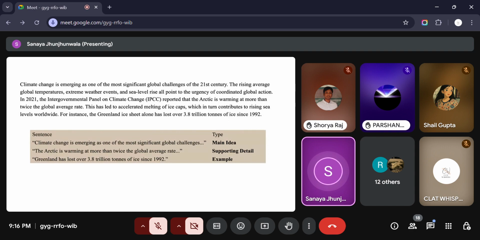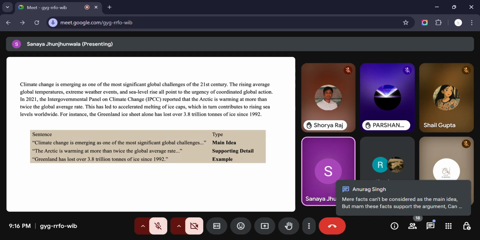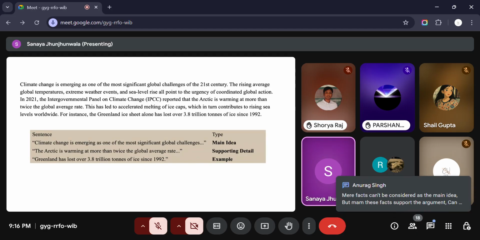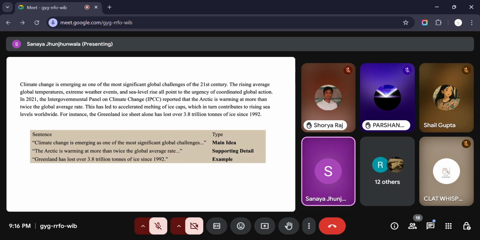So in this case, if it is a sentence directly taken from the passage, what argument are you talking about, Anurag?